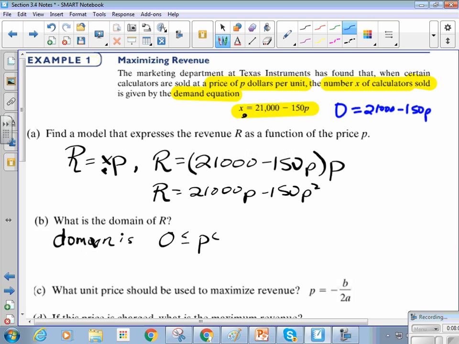You can't produce negative calculators. So P has to be in between 0 and 140. And that matches the graph.